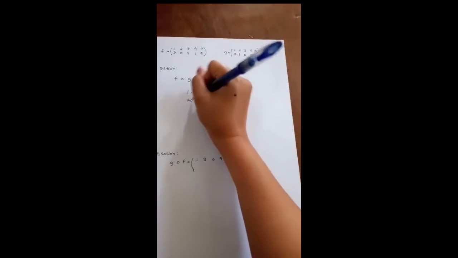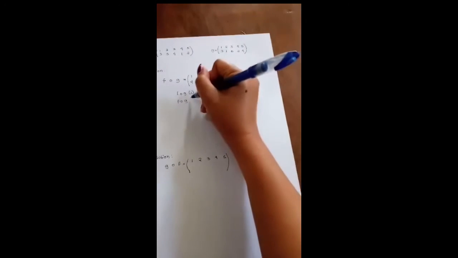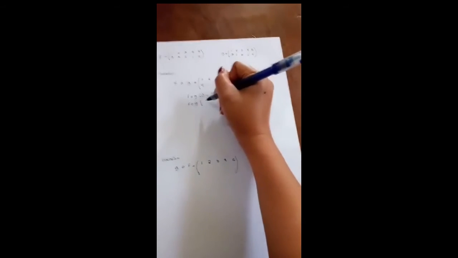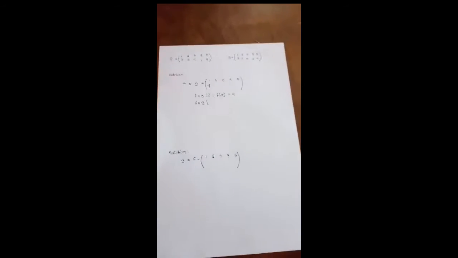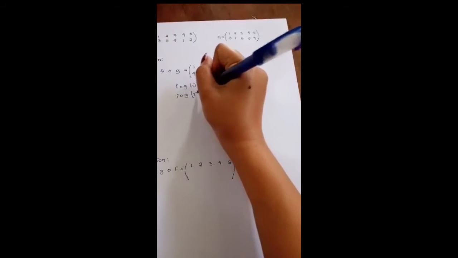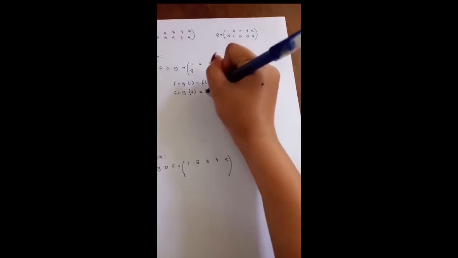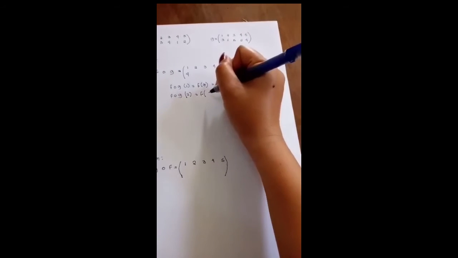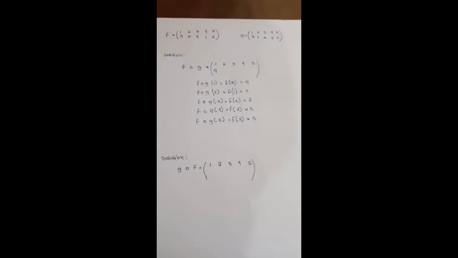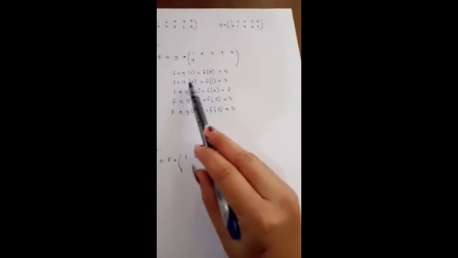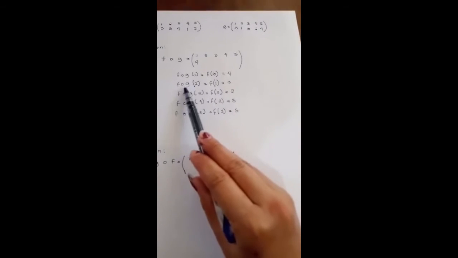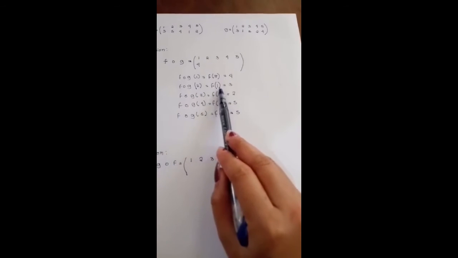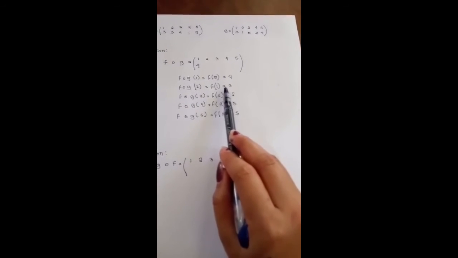Next, f of g of 2 is equal to f of 1, which is equal to 3, and so on.